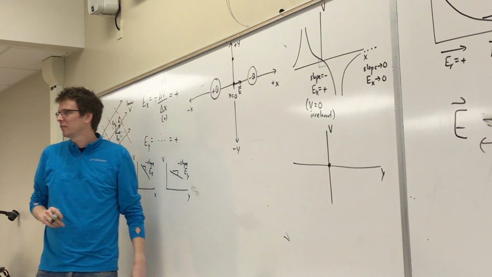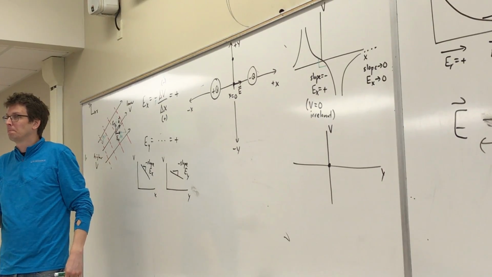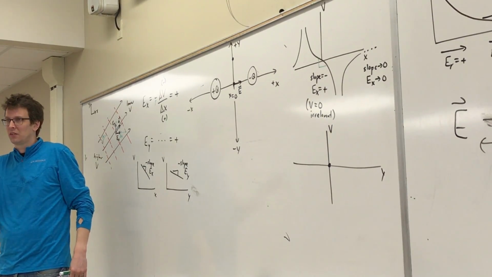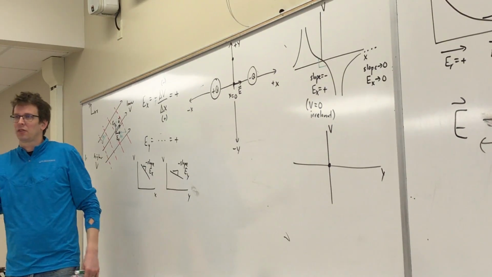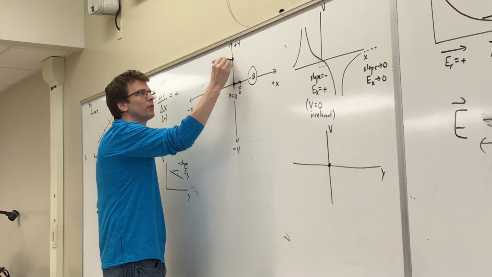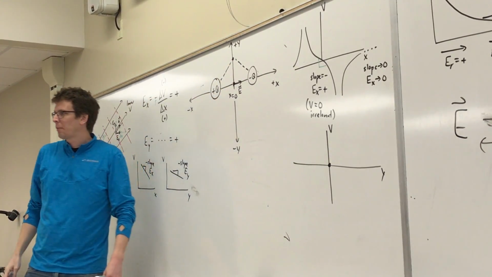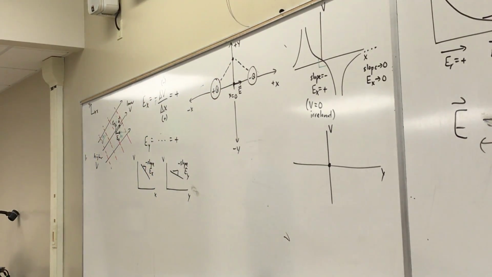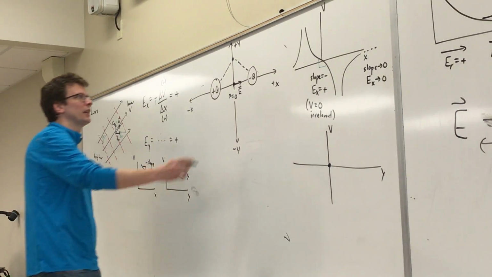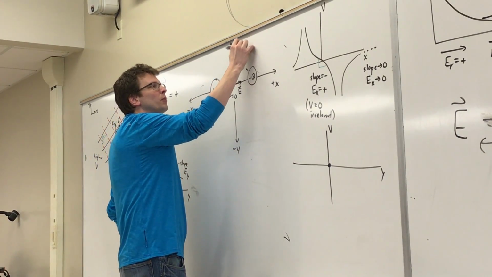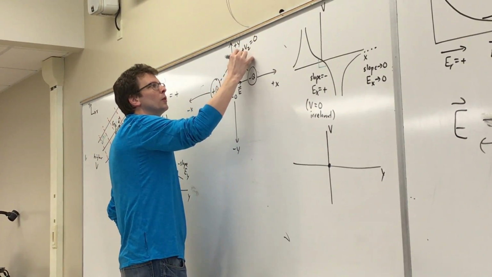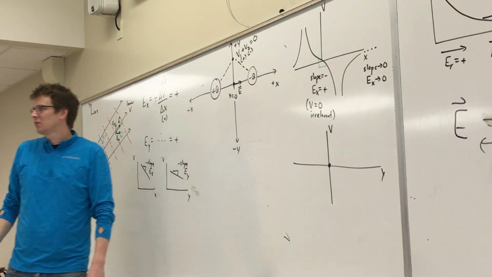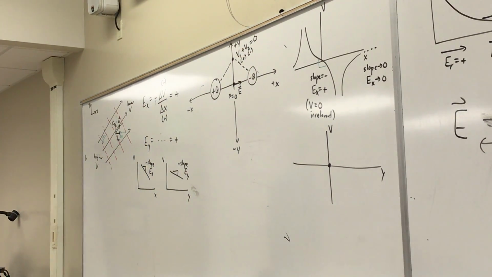What's the voltage there? It's still 0, right? You're still equidistant from equal and opposite charges. One's going to contribute a positive voltage, and one's going to contribute a negative. So V1 plus V2 is still 0. They're the same charge, and you're the same distance, so they're always going to add to 0.